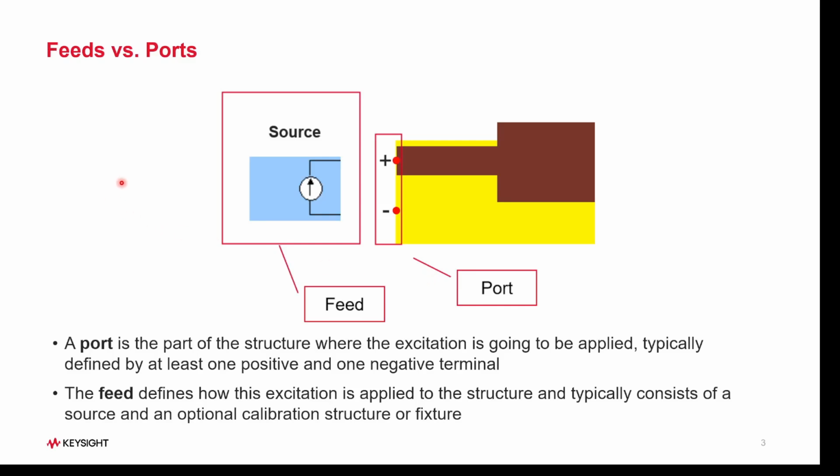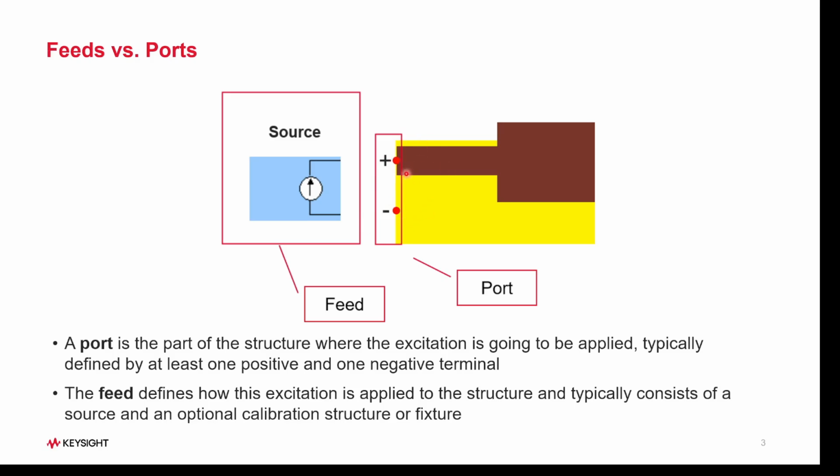We talk about ports generally, but really it's important to distinguish between ports and feeds. The port is the part of the structure where we're going to be applying the excitation, and we define it by selecting or identifying in the structure one or more positive and negative terminals.